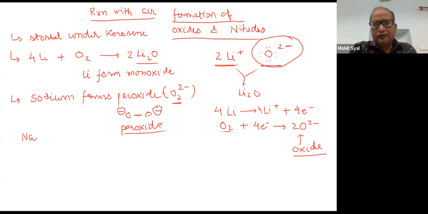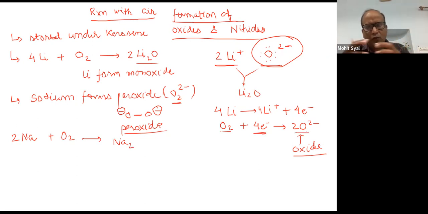So actually you take oxygen, because air contains oxygen, and you take 2 sodium atoms. Each one will give 1 electron, and you will have 2 sodium plus ions. The oxygen molecule accepts 2 electrons and forms O2 2-, right?